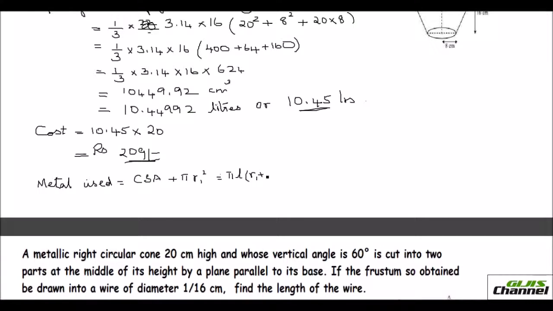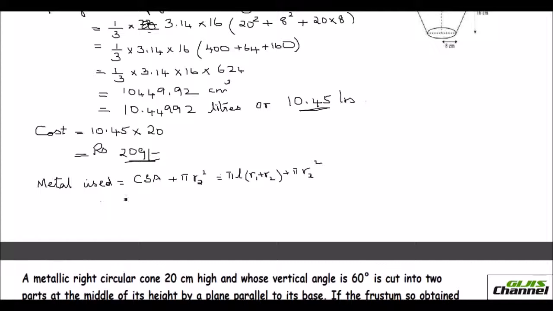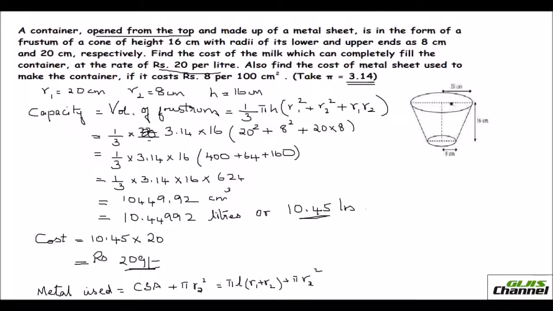For frustrum you use pi L times R1 plus R2 plus pi R2 square. Now we need to know the L for this, right? Normally the slant height is equal to square root of h square, the height square, plus, I'll just come back to this picture.